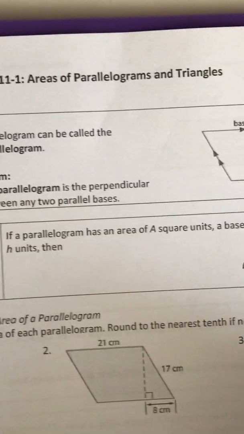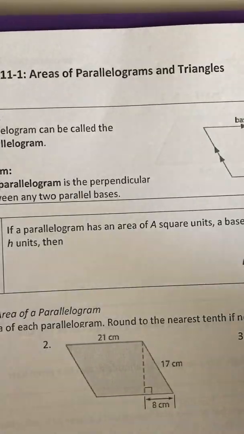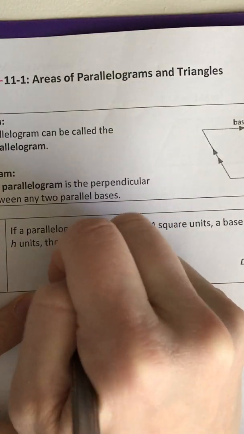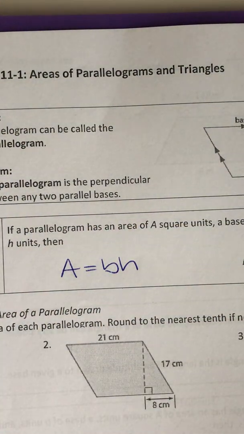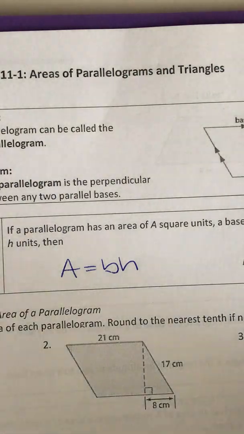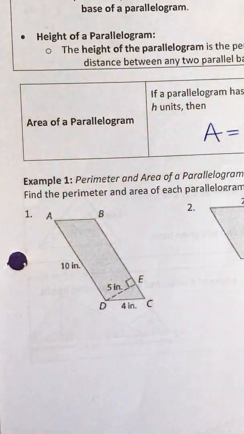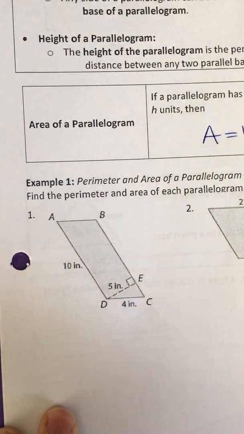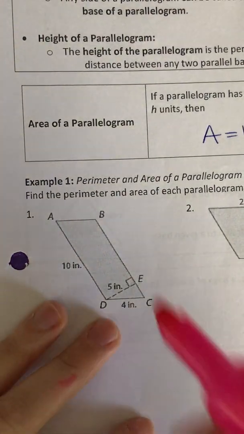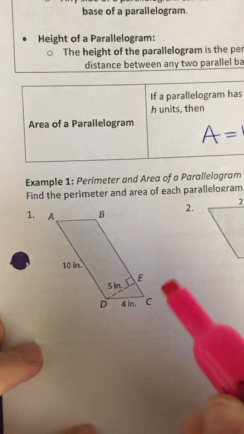Also on your notes, it has room for your formula. Area equals base times height. So you're going to want to write that down. So let's take a look at this first one. I'm looking at this 90-degree angle here. This 90 forms where it has that dotted line.